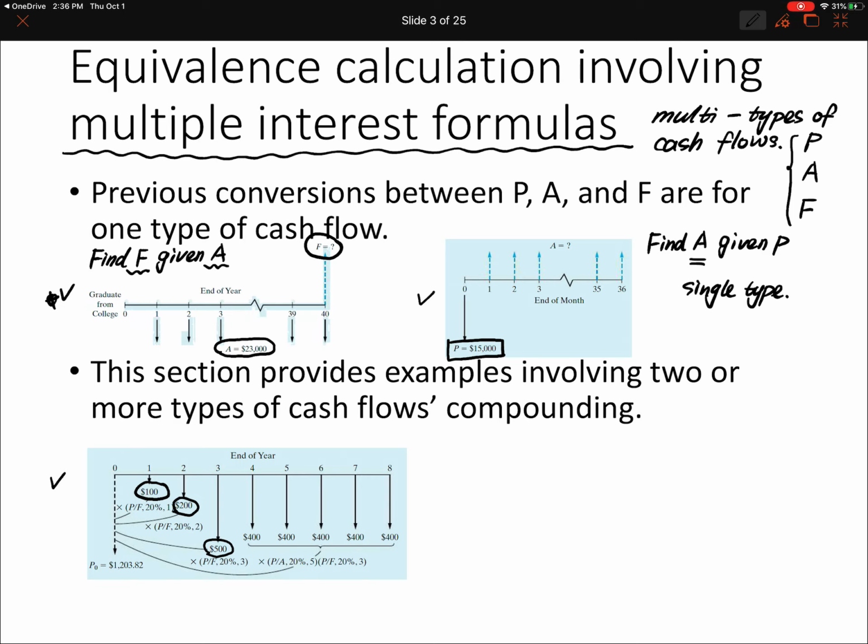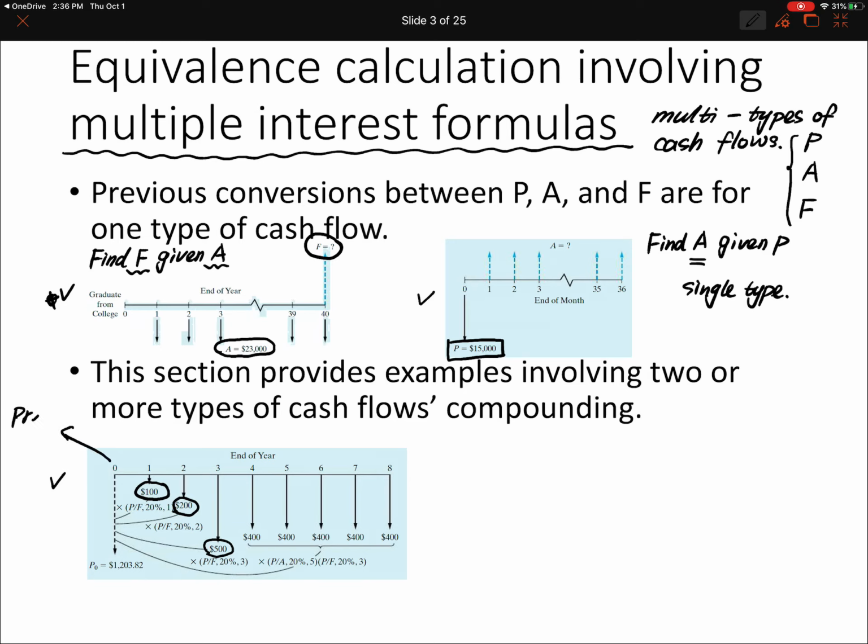There are three cash flows, okay? And compared to the time at 0, these three cash flows can all be called future cash flows because they are happening at a later time compared to time 0.